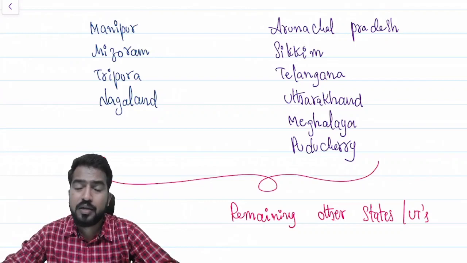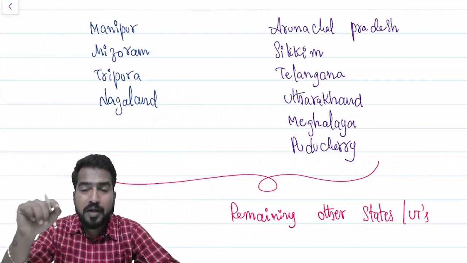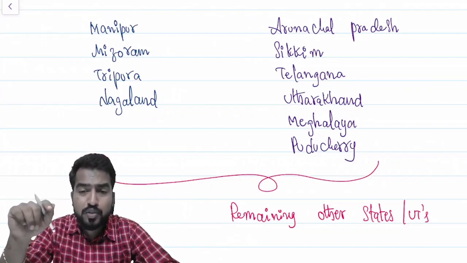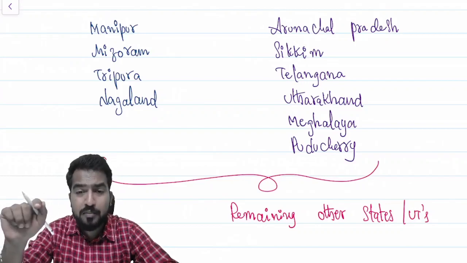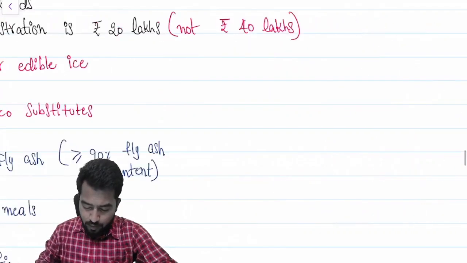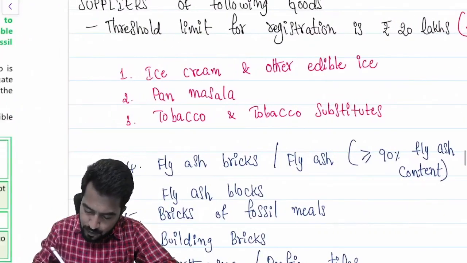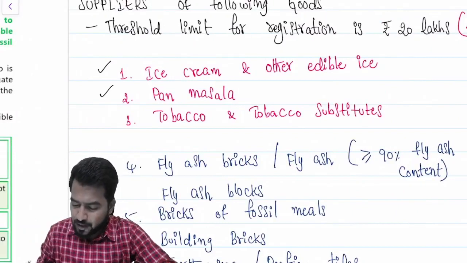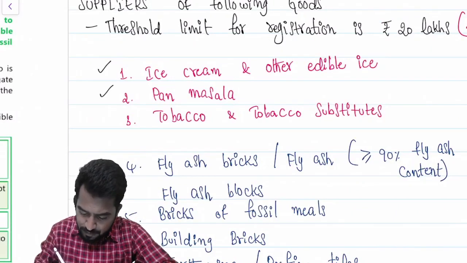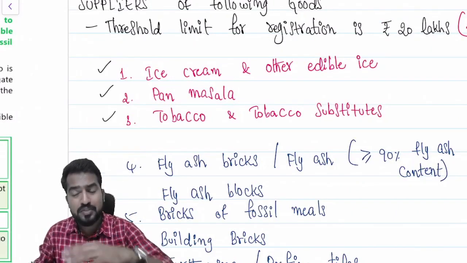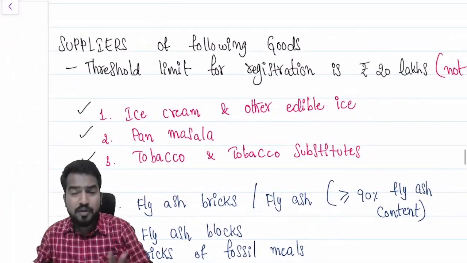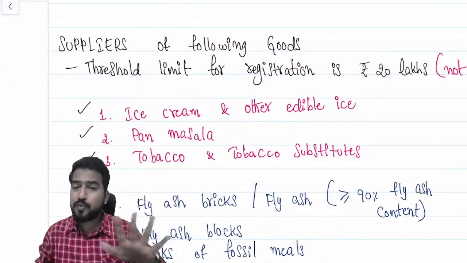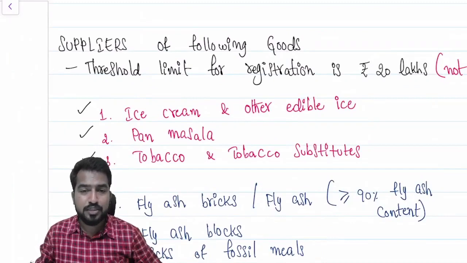But this benefit of the 40 lakh threshold limit is not applicable if you are a supplier of ice cream and other edible ice, pan masala, or tobacco and tobacco substitutes. Earlier these were the only goods. For these cases, it is only a 20 lakh threshold limit for registration.